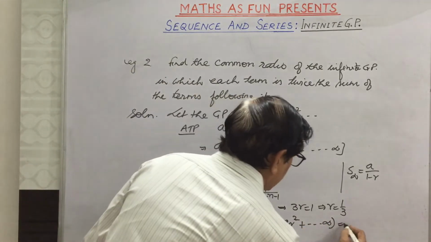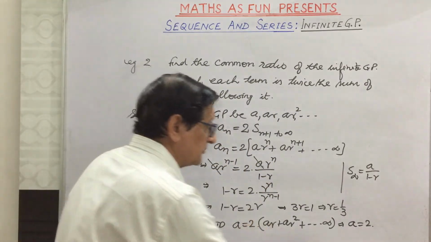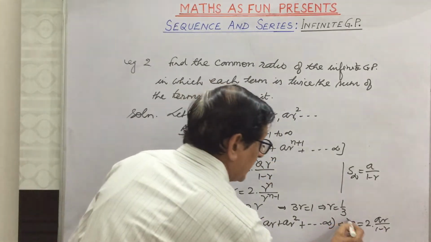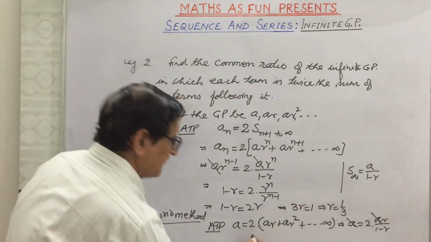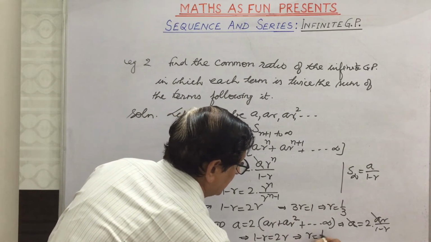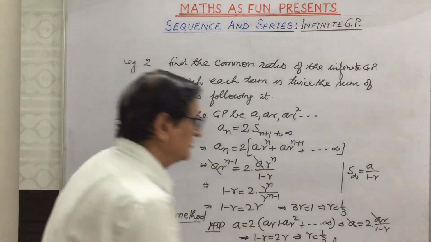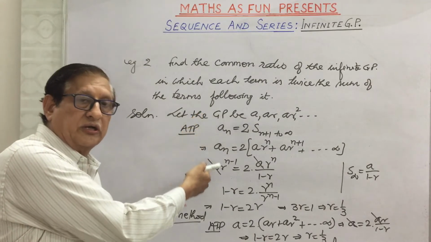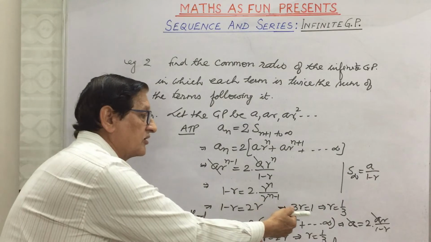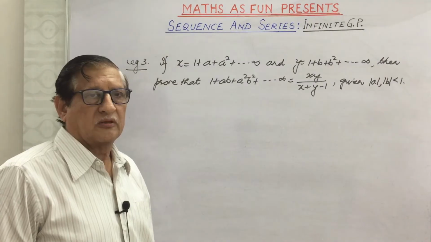This gives A equal to 2 into AR upon 1 minus R. A and A cancel, and we get 1 minus R equal to 2R, which gives R equal to 1 by 3. So either way we can find the answer: we can show it theoretically, or we can take one particular term and find the sum of the next terms, which is twice of it.